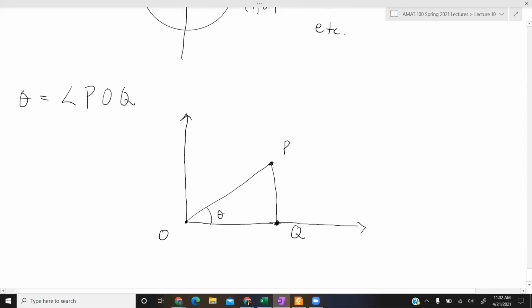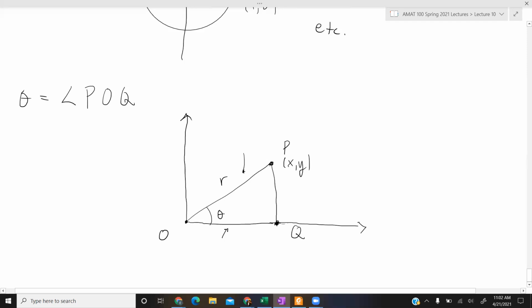Now when you coordinatize everything, this will give you a point in the plane, X, Y, and this point will be at some distance r from the origin. Remember, this is the initial side, and this is the terminal side.